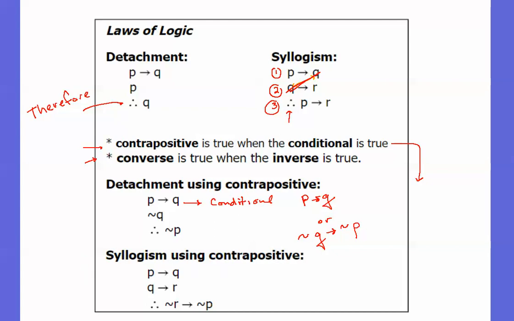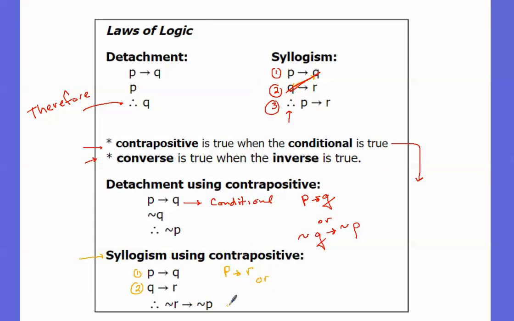This is an example of syllogism using the contrapositive. All right? So again, you have if P then Q, if Q then R. Statement number 1 and statement number 2 would combine to create if P then R. We have left out the middle Q. That's the conditional.